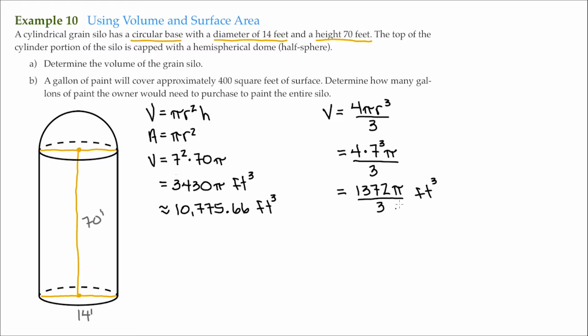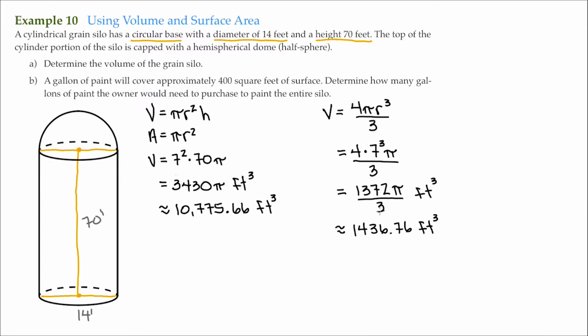Now this is an exact answer. To have an approximation, type in 1,372, divide that by 3, multiply that by pi, and we come out with approximately 1,436.76 cubic feet.